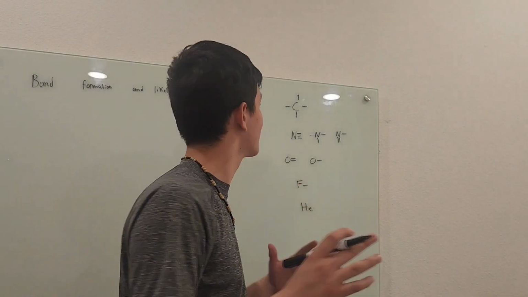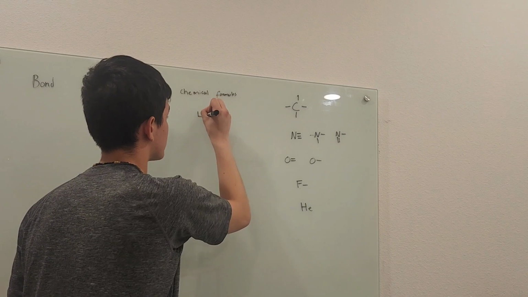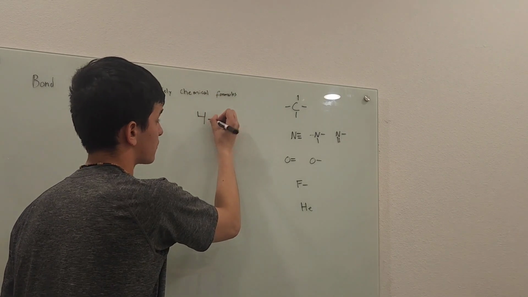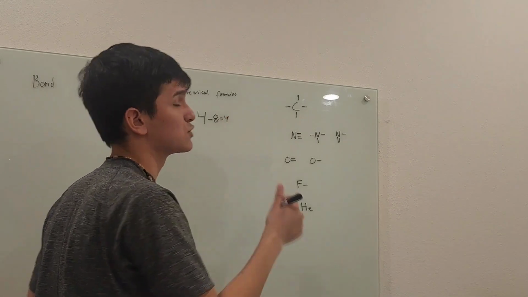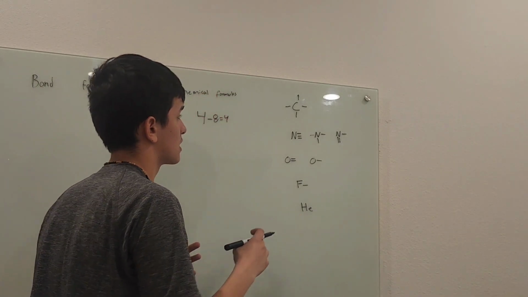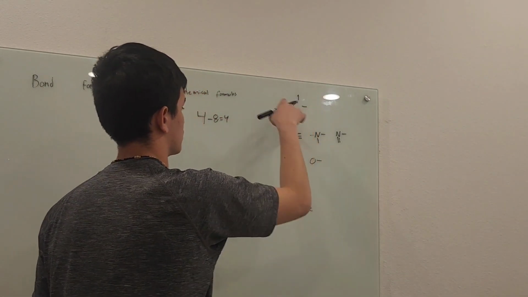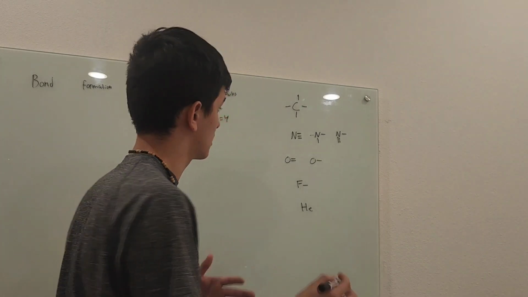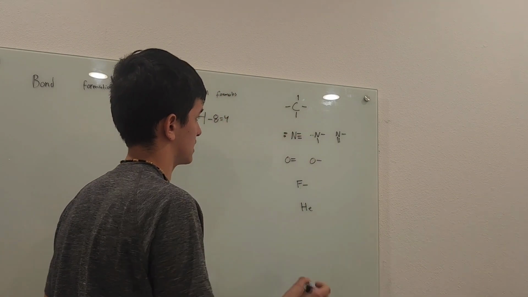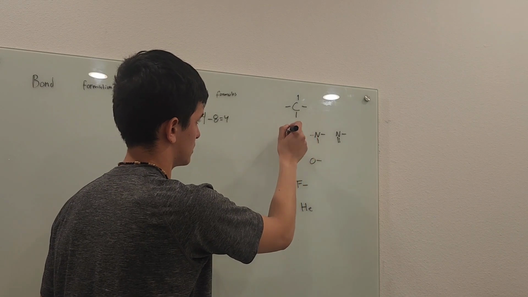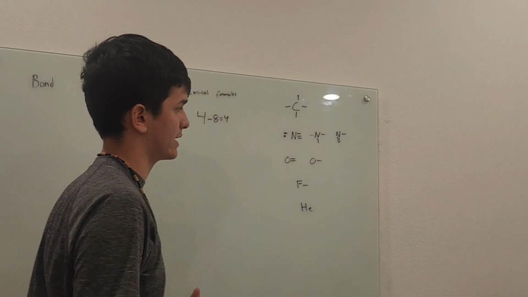So as I was saying, carbon has 4 valence electrons. 8 minus 4 equals 4. So it needs to share its electrons to reach an octet. Nitrogen only has 5 valence electrons. So it's 1, 2, 3, 4, 5. Right?